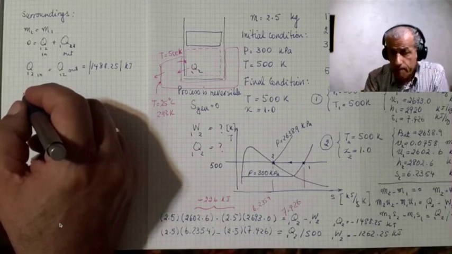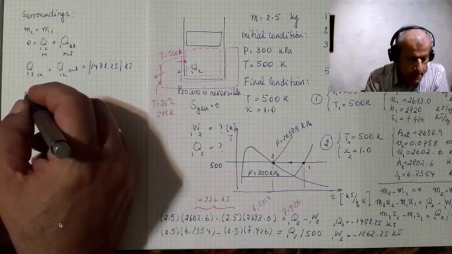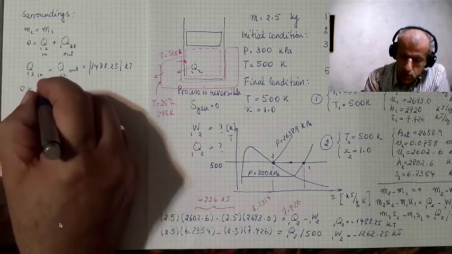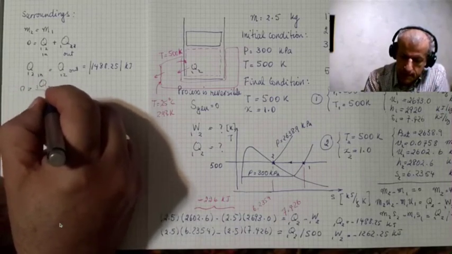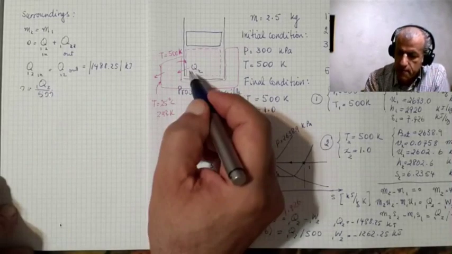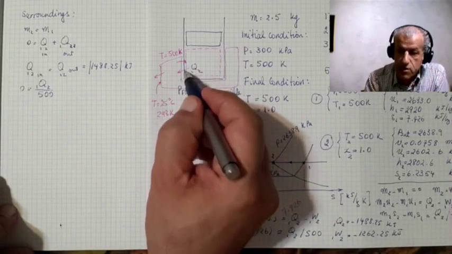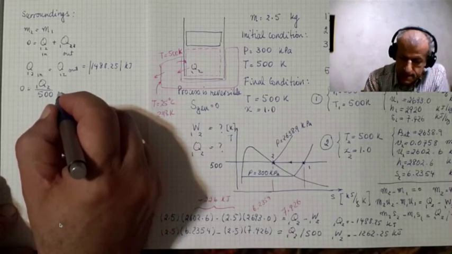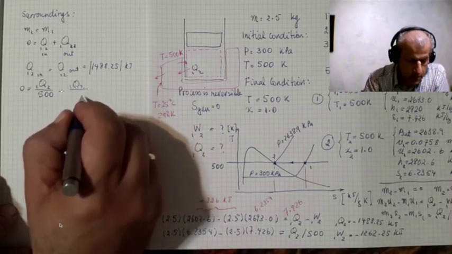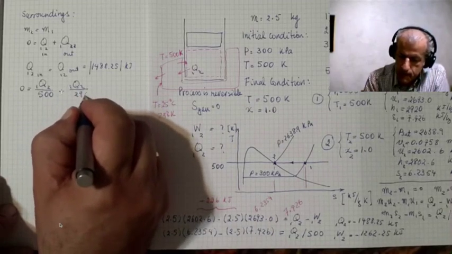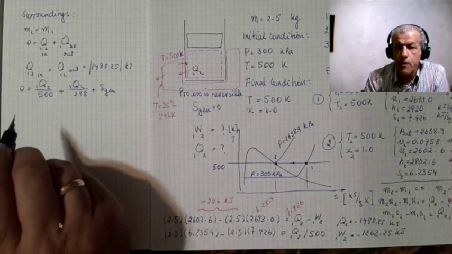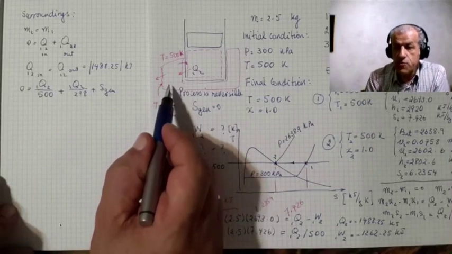But the second law of thermodynamics tells us that 0 is Q12 divided by 500, which is the temperature at this boundary, plus the same Q12 divided by 298 plus S gen, which is the generated entropy here.